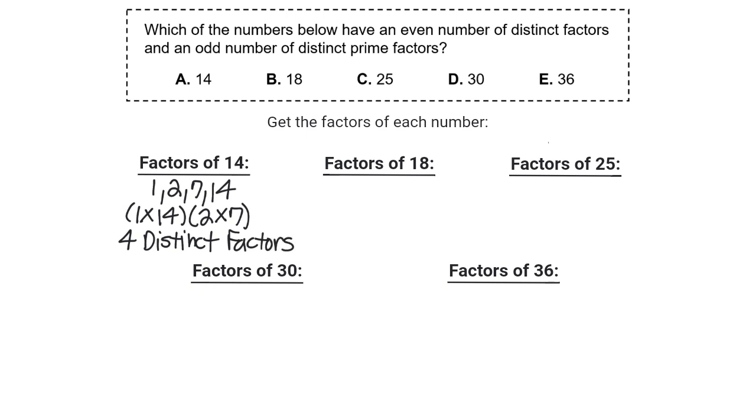Looking at 18, its factors are 1, 2, 3, 6, 9, and 18. That's 1 times 18, 2 times 9, and 3 times 6. So it has 6 distinct factors.